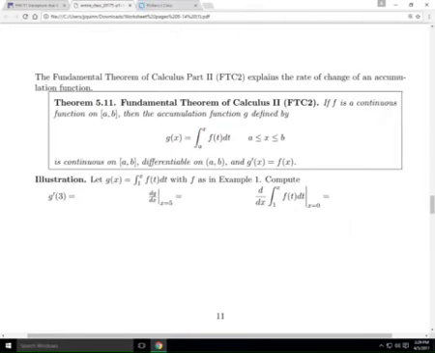You're now ready for the statement of the fundamental theorem of calculus 2. I guess our book calls it the second fundamental theorem of calculus.